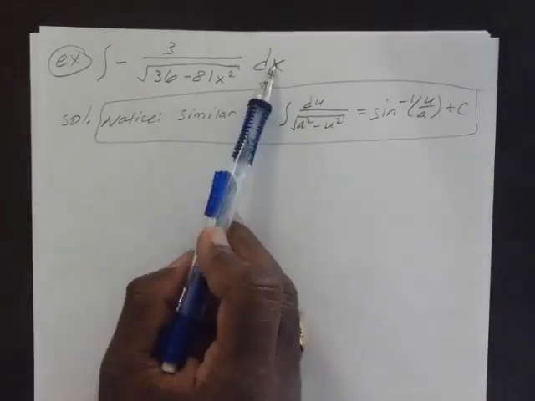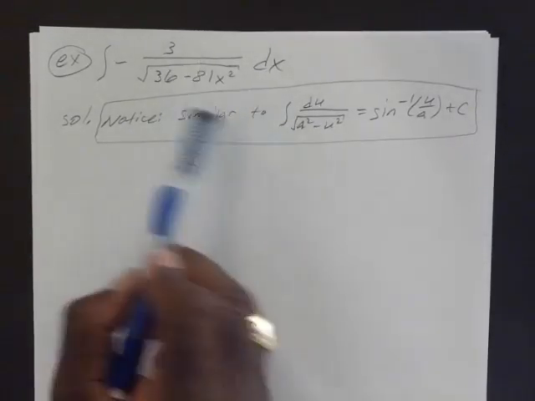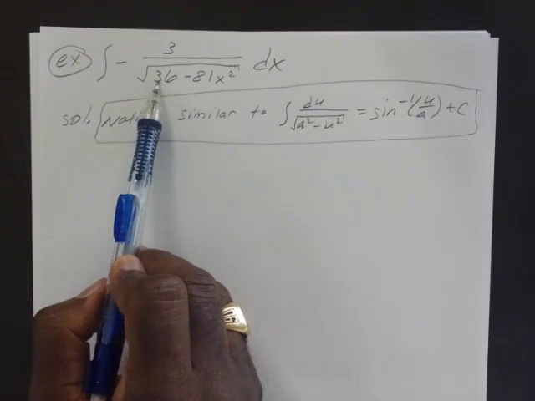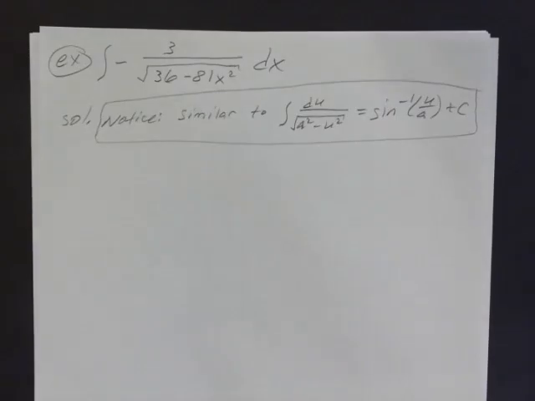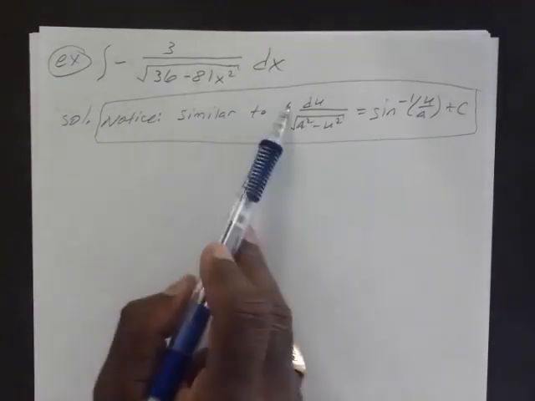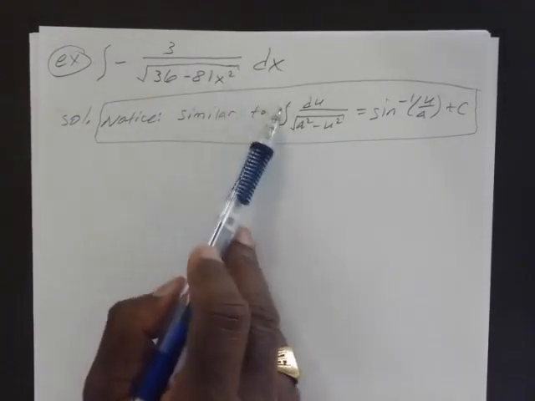Okay, so if we moved our dx up to the top, we'd have dx over the square root of some number minus some term we could call u. So all we have to do now that we see one that it's similar to, we just have to match them up.